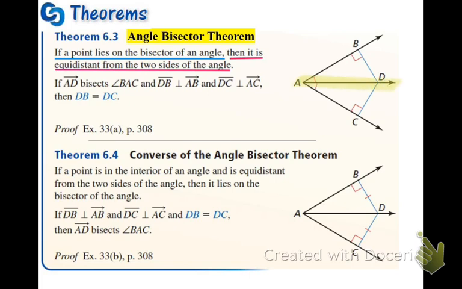So again, AD is your angle bisector. And from the point to the angle is equidistant. So that means BD is the same length as CD.